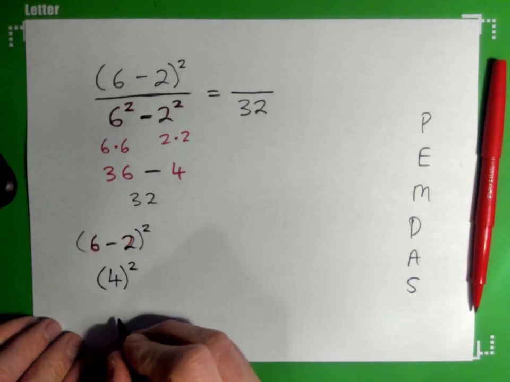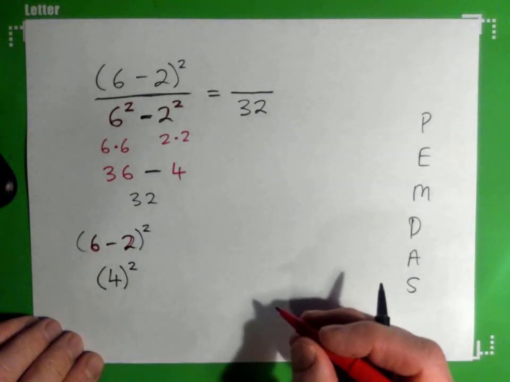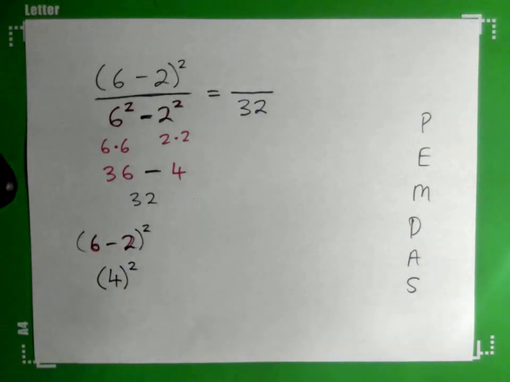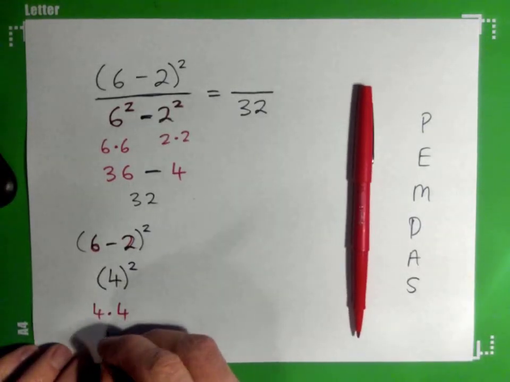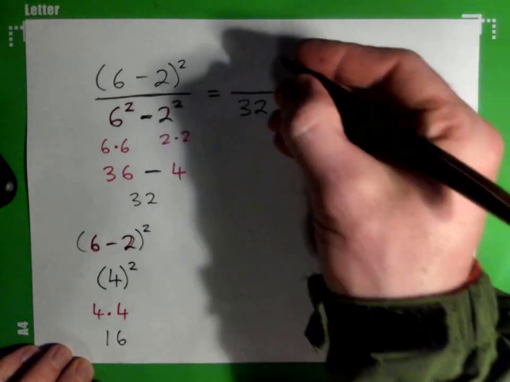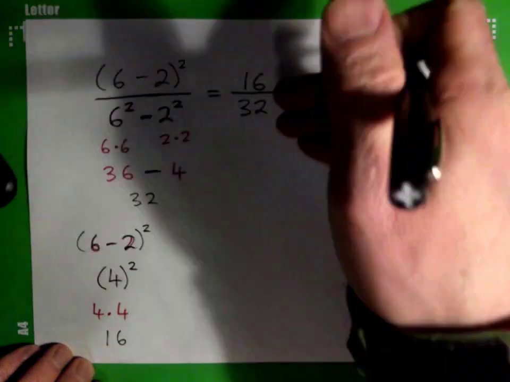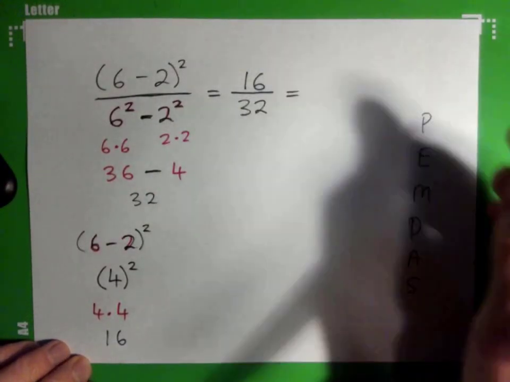What's 4 squared? Yeah. 4 times 4, 16. Right. So the top becomes 16. So this whole fraction becomes 16 all over 32. And now we can simplify.